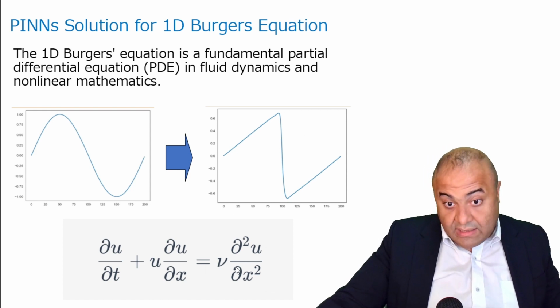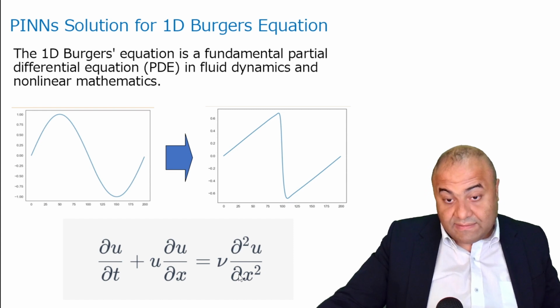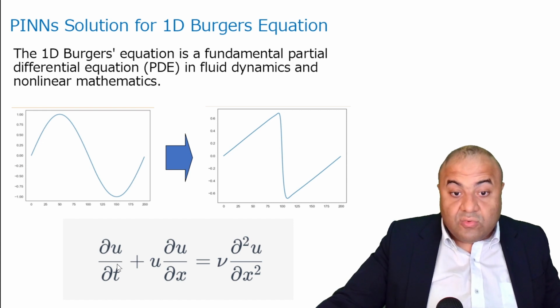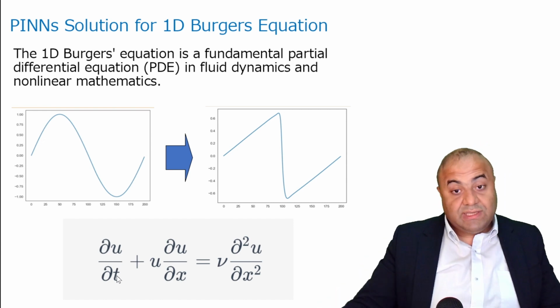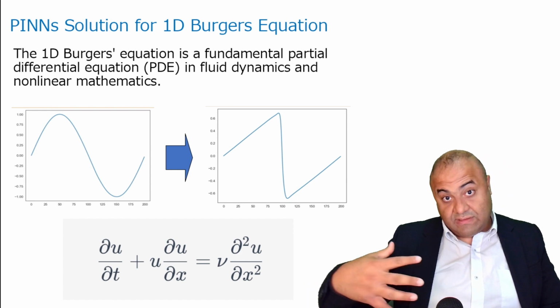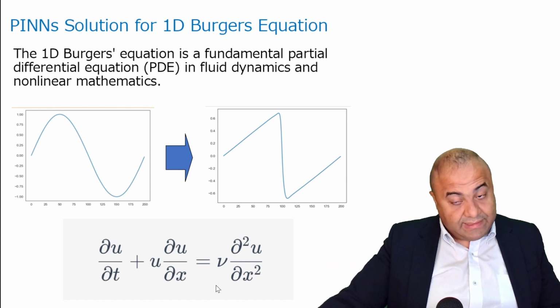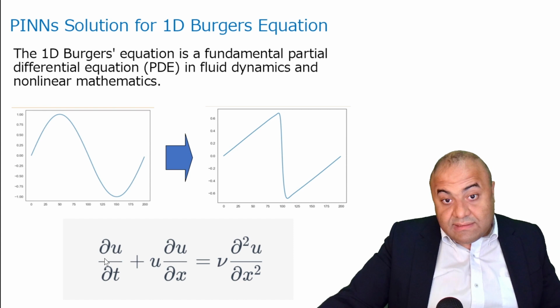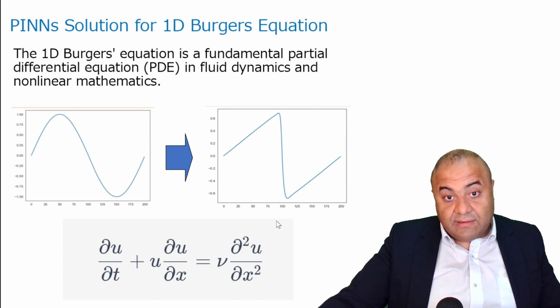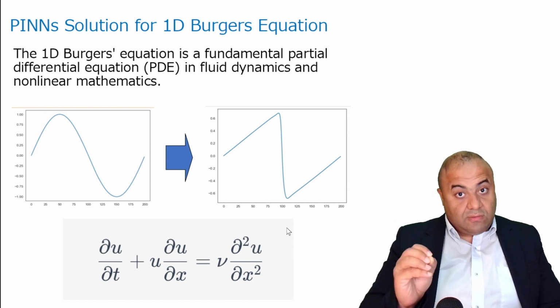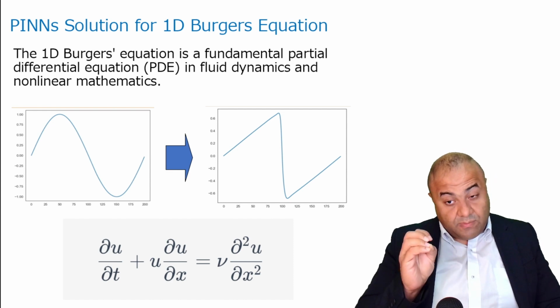The first one is, as you can see, the second derivative of u over dx, the first derivative of u over dx, and the derivative of u over time, which is interesting to see how the solution will progress in time. So this is going to be actually our solution, and this is going to be solved using PINNs.